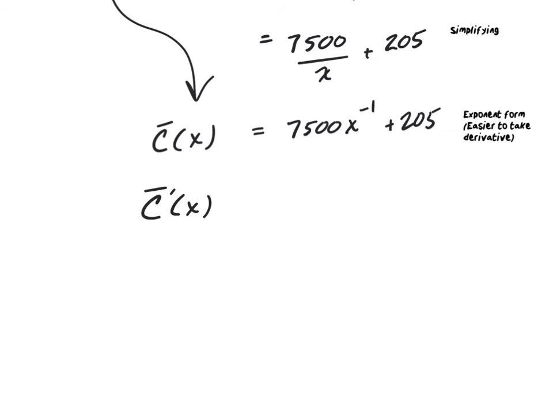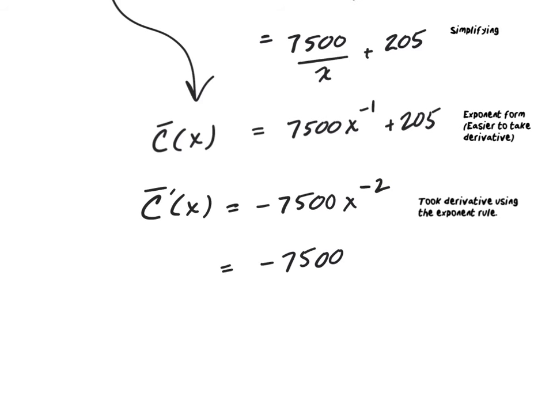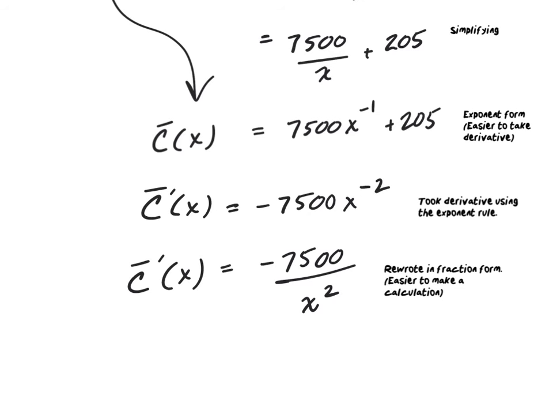So now let's take the derivative of the average cost function. By using the exponent rule for derivatives, I get negative 7,500 x to the negative second power, and then I rewrite it back into fraction form. That will be easier to make my calculation next.